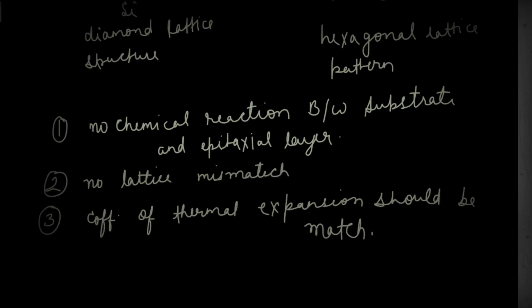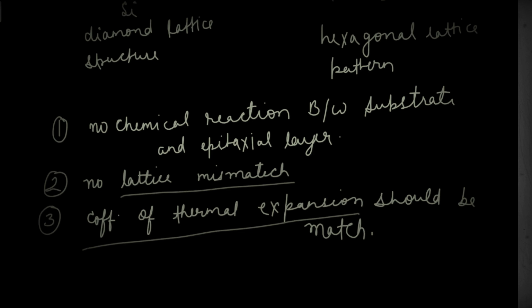But only the first rule, no chemical reaction between substrate and epitaxial layer, must be strictly followed, because if there is a chemical reaction between the two materials, we cannot grow an epitaxial layer. The second rule, lattice mismatch and coefficient of thermal expansion, can be tolerated up to a certain level.